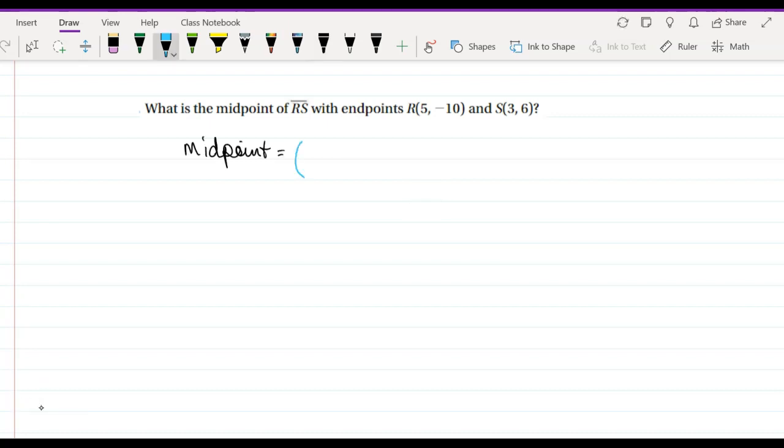So we are going to say that the midpoint is equal to 5 plus 3 divided by 2, comma, negative 10 plus 6 divided by 2.